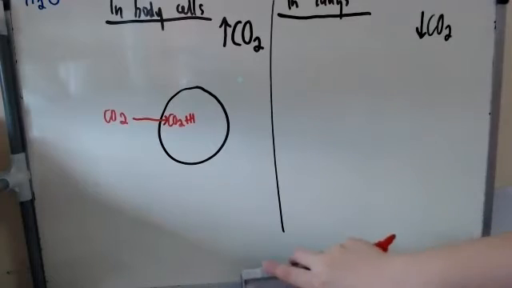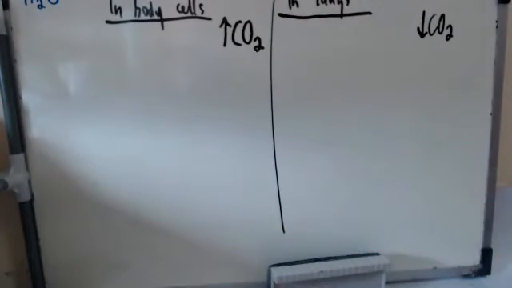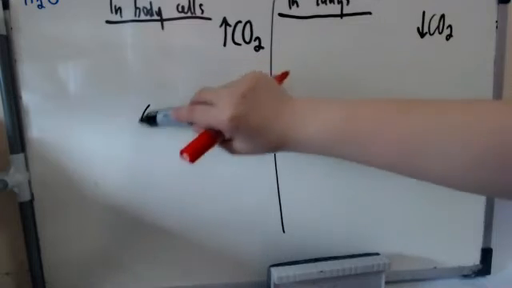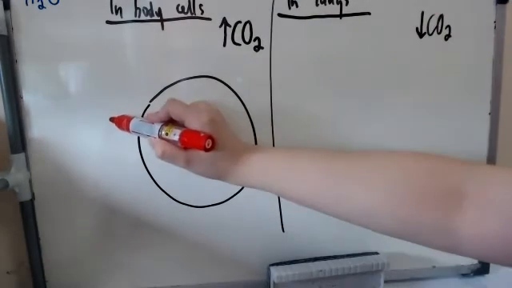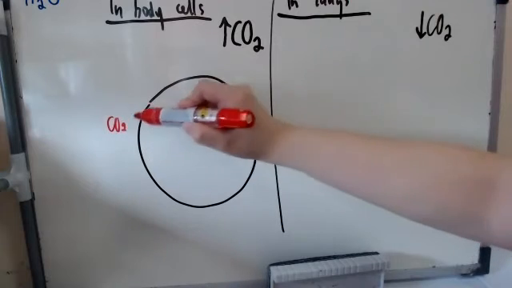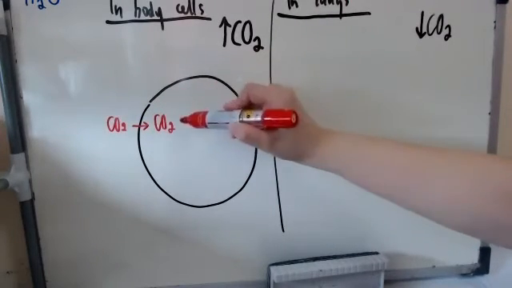the circle is too small, let me make it bigger. Carbon dioxide in the cell diffuse into the red blood cell, combine with water.